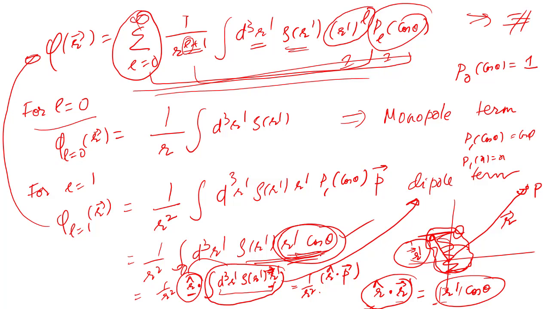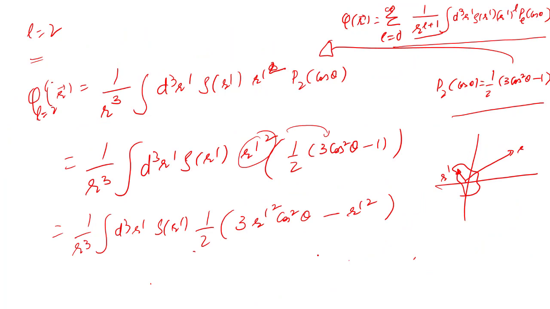But here, if I want to do a similar thing, then that's going to be difficult. We saw that this is equal to 1 over r cube, integral d cube r prime rho of r prime, half 3 times r dot r prime square minus r prime square.